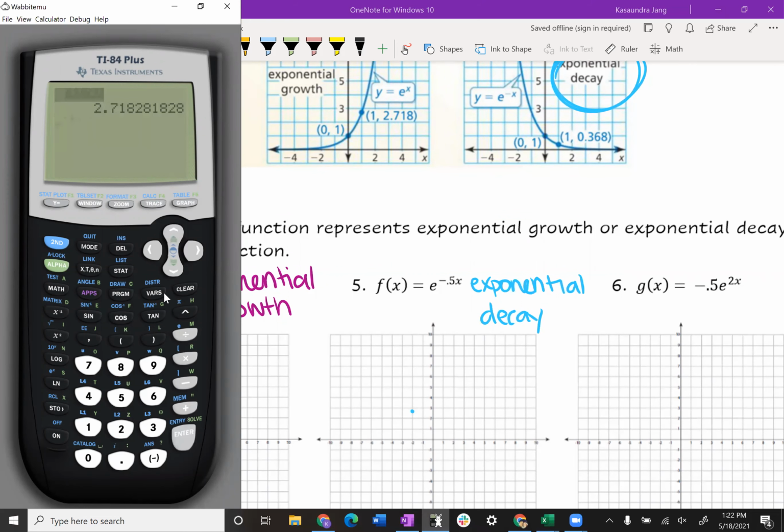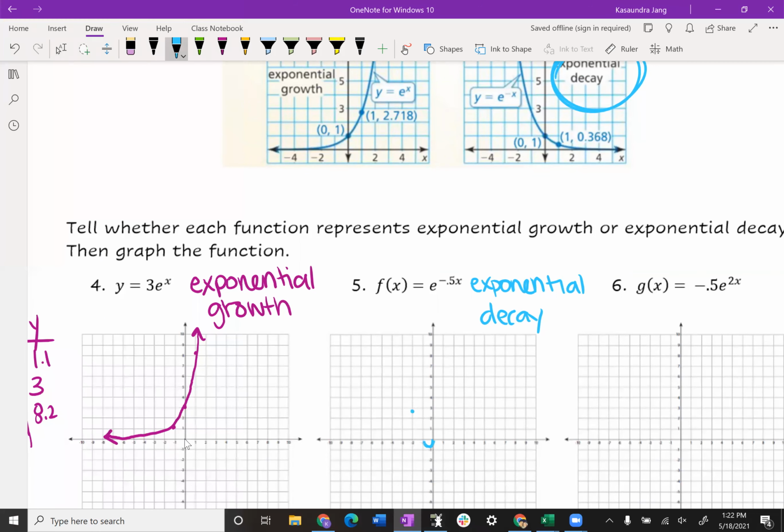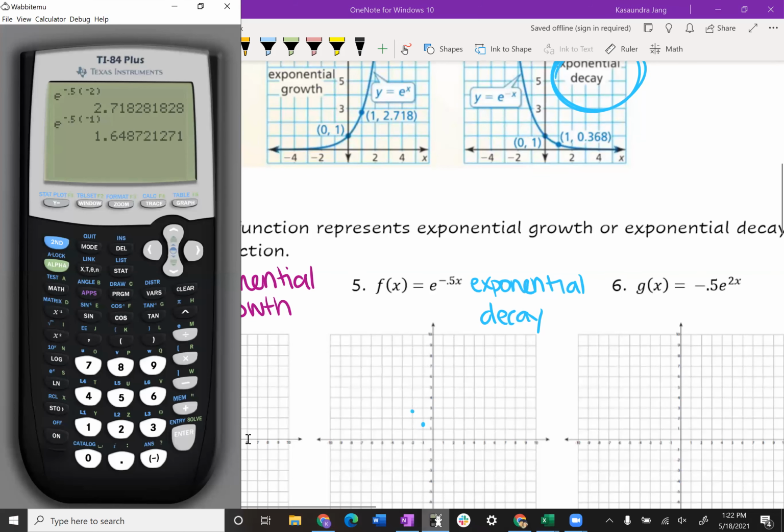I'm going to plug in a negative 1 instead of a negative 2. Okay, so it looks like 1.6, a positive 1.6 when my x was a negative 1. So again, x goes to the left by negative 1. 1.6 is almost 1.5, a little more than 1.5. Okay, so there's that point. And again, I need to see the curve. I know this thing is supposed to curve.